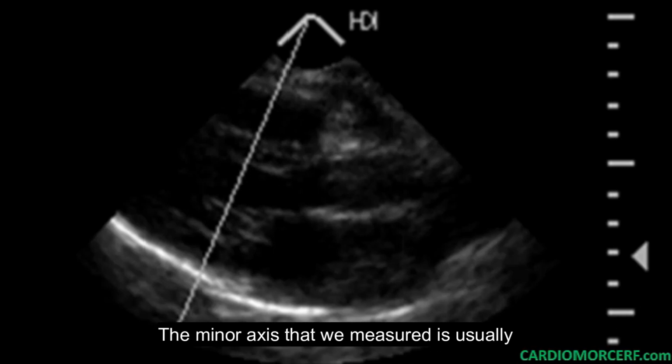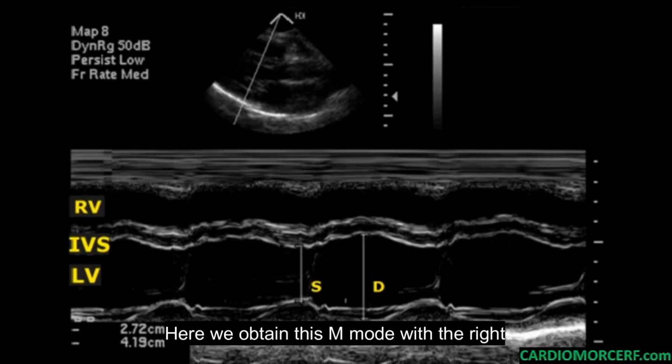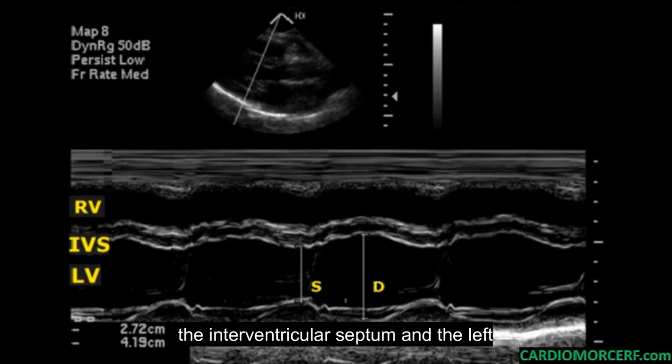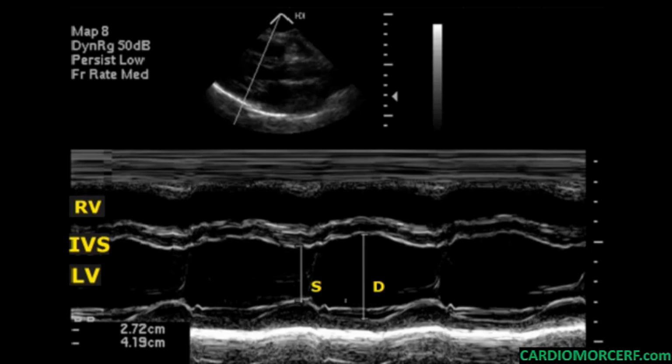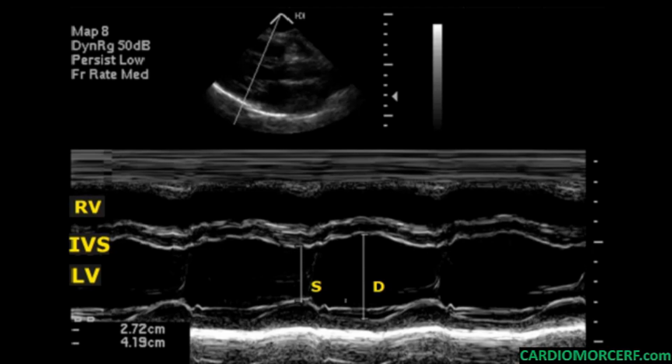Hence, the minor axis that we measure is usually oblique and a little longer than the right perpendicular short axis. Here we obtain this M mode with the right ventricle, the interventricular septum, the left ventricle, the posterior wall of the left ventricle, and the pericardium.